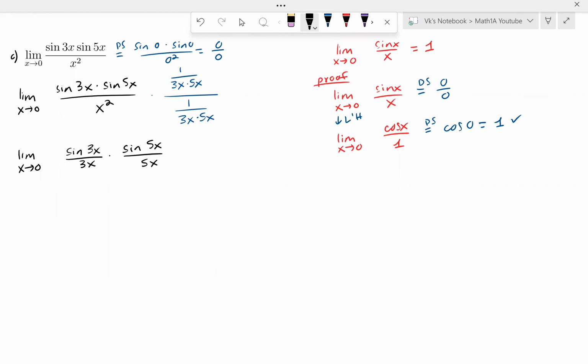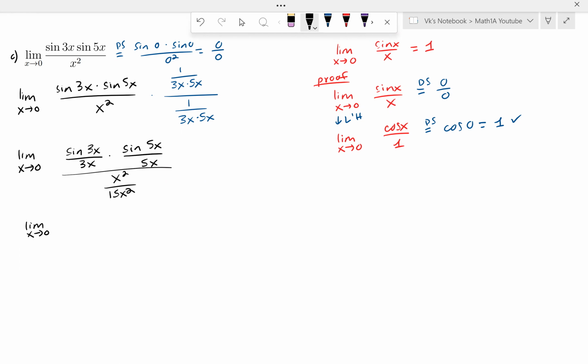And then this one is x squared over 15x squared. So I have the limit as x goes to 0 of 1 over 15. Oh, actually, you're going to split out the limit using the limit law.